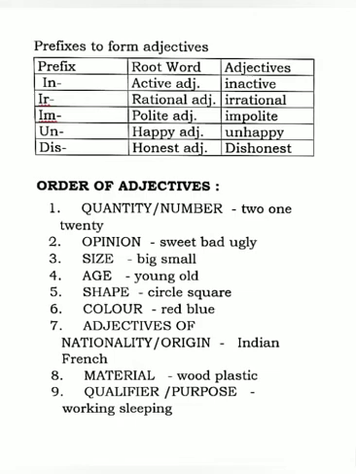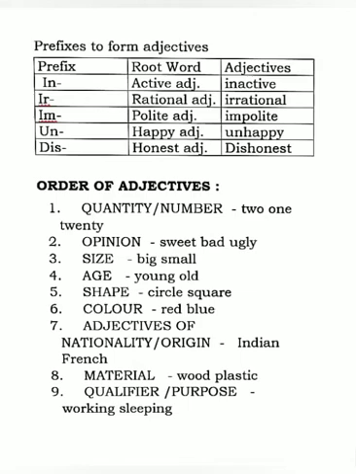Then comes opinion, like he's a sweet boy or a bad girl: sweet, bad, ugly. Then comes size: big, small, tiny. Then age: young, old. The fifth one will be shape: circle, square, rectangle.